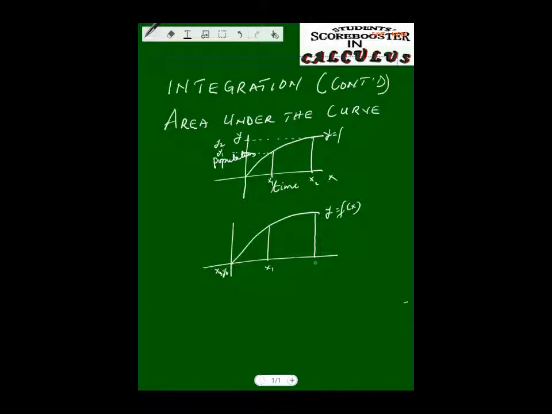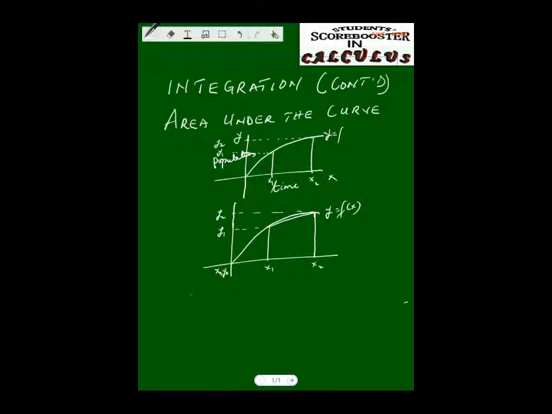Let me call this one x1, x2, and this is y1 and y2. So for me to be able to find this area, I can just take this as approximately a trapezium.